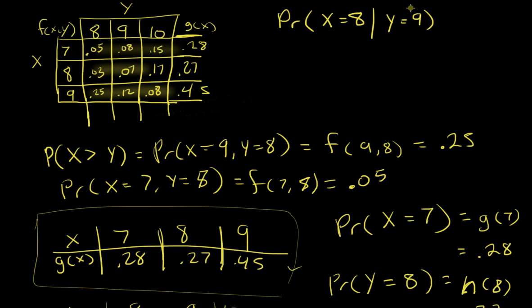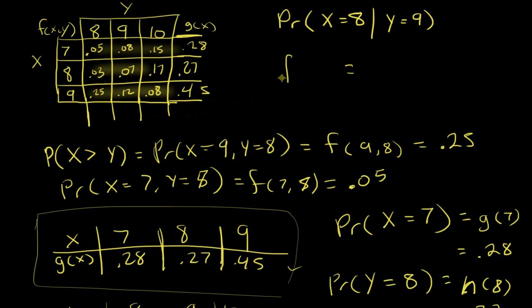To calculate this, remember when you had a probability involving both x and y, you needed the joint. When you had a probability only involving x, you needed the marginal for x. Well, now that we have a probability of x given y, we need to know the distribution function for x given y, right?